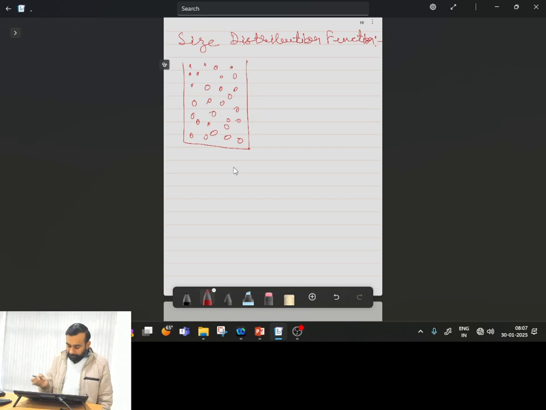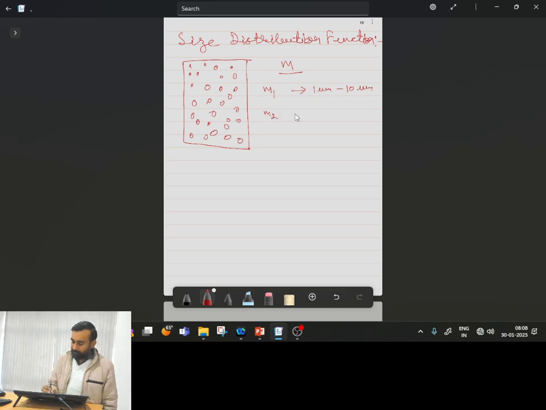Let us consider that I have some container, and in this container I have some granular particles of total mass M. Out of this, m1 is the mass of particles having diameter in the range of 1 micrometer to 10 micrometer. Likewise, m2 is the mass of particles having diameter 10 micrometer to 20 micrometer.